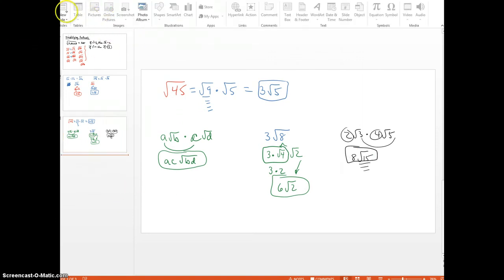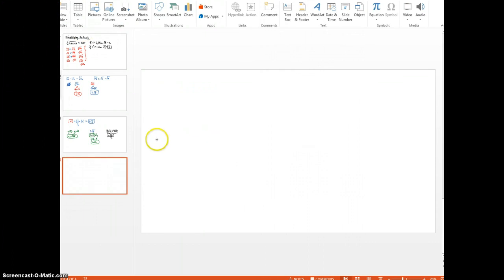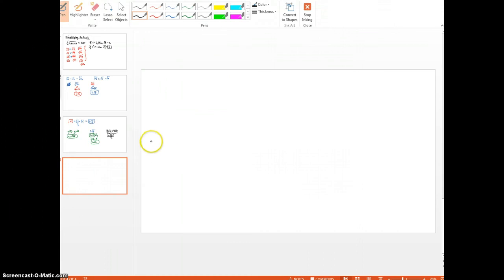Okay, let's do maybe one more example here. Let's do negative 3 root 10 times 2 root 25. So we multiply these outside numbers: negative 6.